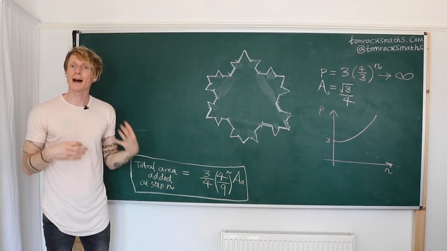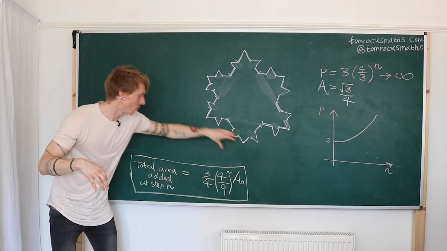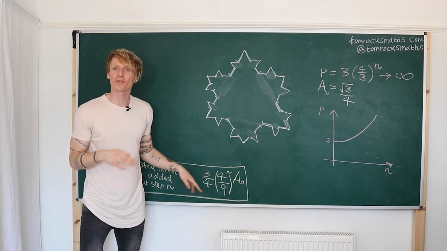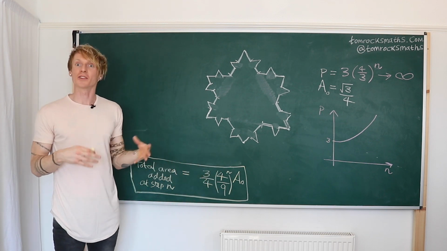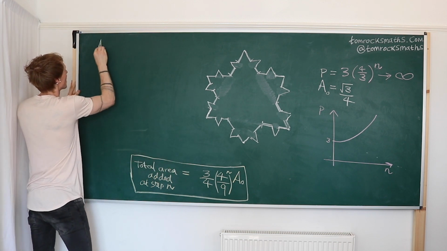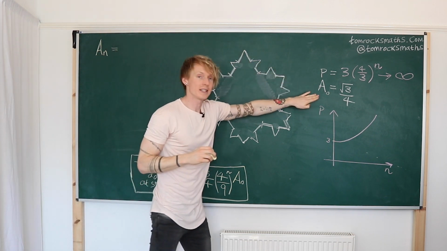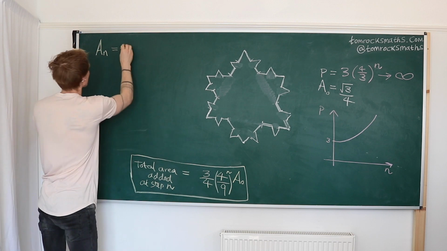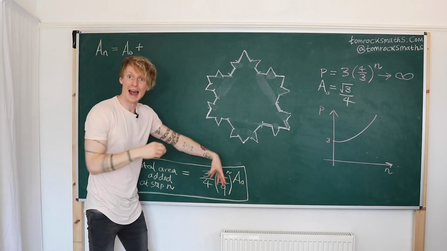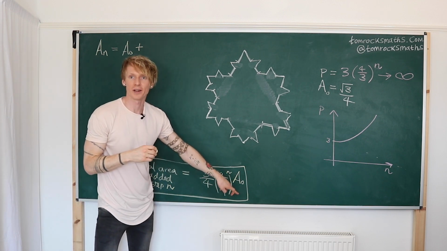So now that we know the amount of new area added at each step, we just add all of these together for different powers of this 4/9 fraction, and that will in fact give us the total area. So at step n, our area, A_n, is equal to the starting value, A0, plus the first term at step 1, which is 3/4 times 4/9 times A0.